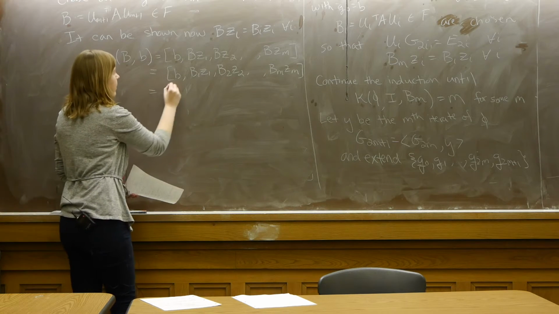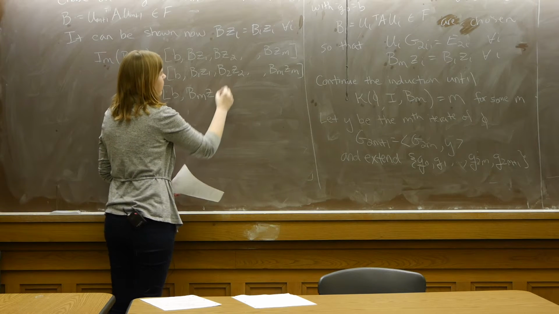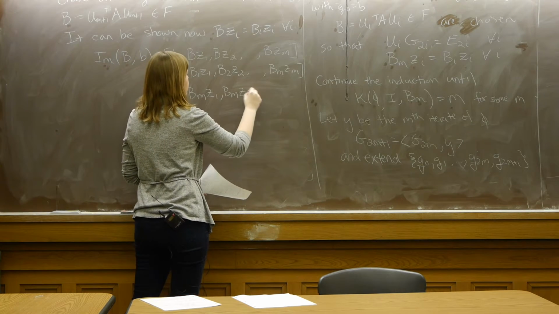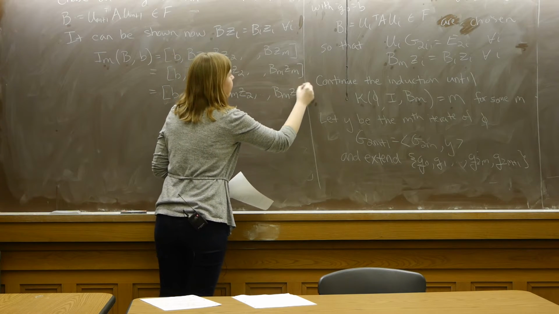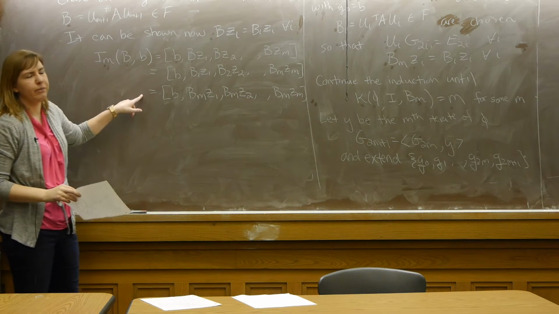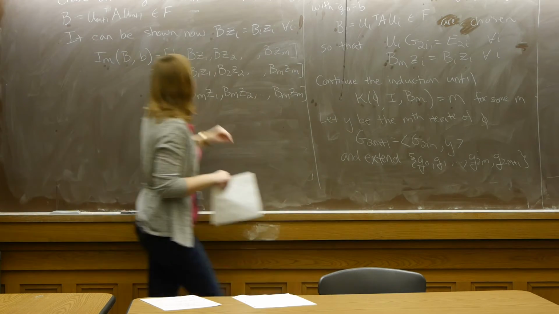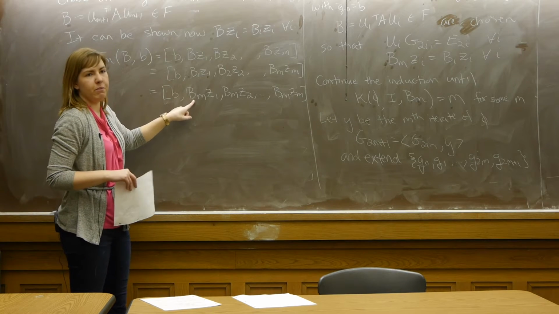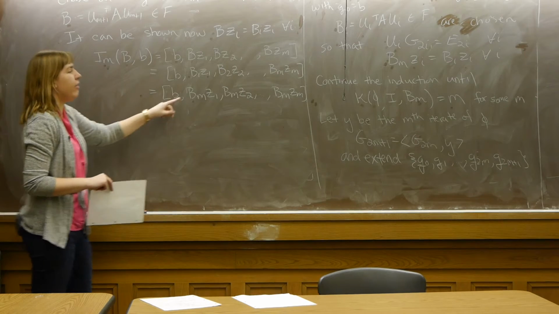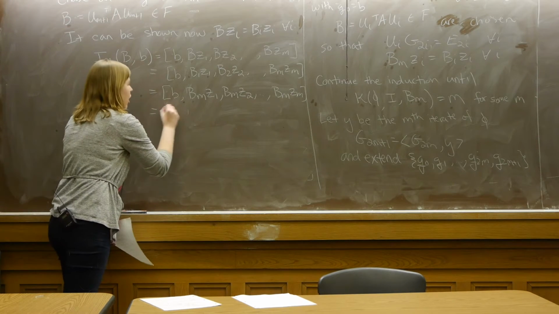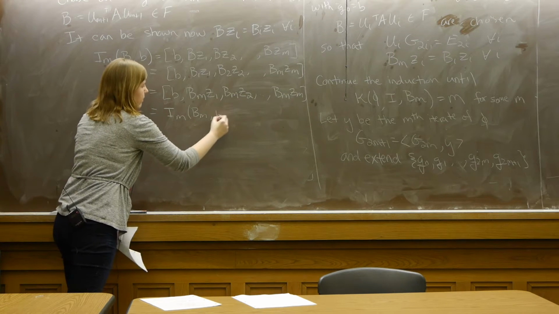And then this is equal to B, BM Z1, BM Z2, all the way through BM ZM. This follows from our induction, what we were verifying at each step, that we could go from B1 Z1 to essentially B anything Z1. And now this is equal to the information operator at step M of BM, B.